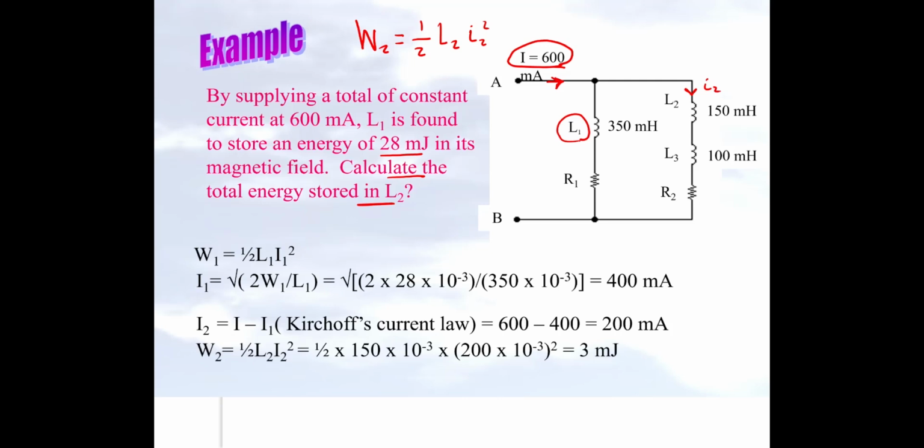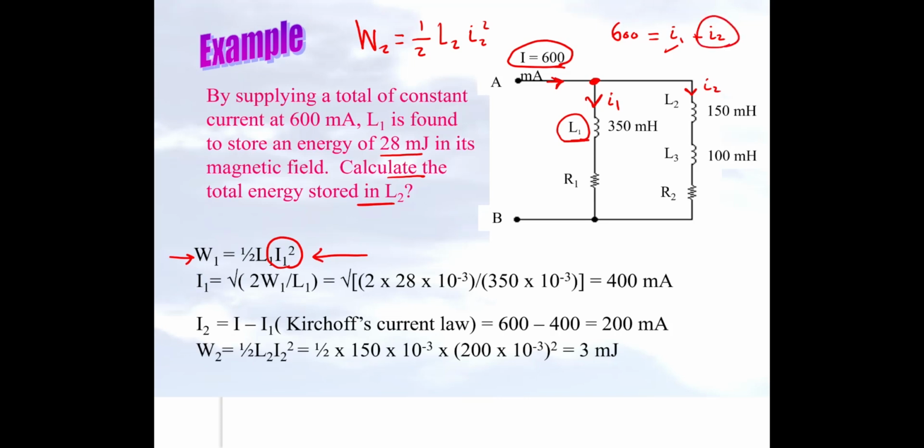I also have the energy in L1. If I have the energy in L1, I can solve for the current I1, the current through inductor 1. Once I have the current in inductor 1, we can write a KCL here such that the total current, which is 600 milliamp, is equal to I1 plus I2. We can solve for I1 using the energy stored in inductor 1.